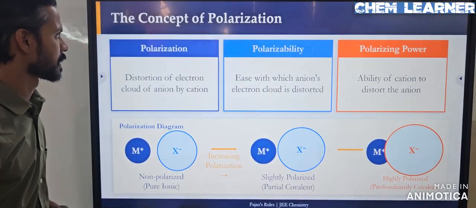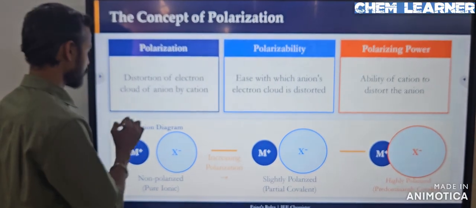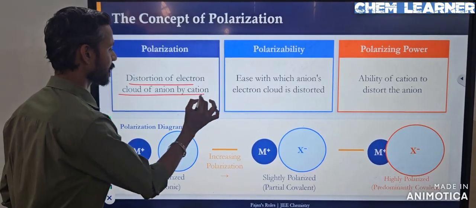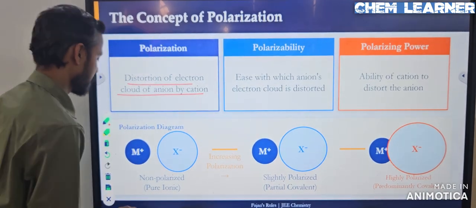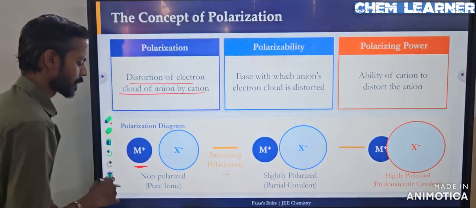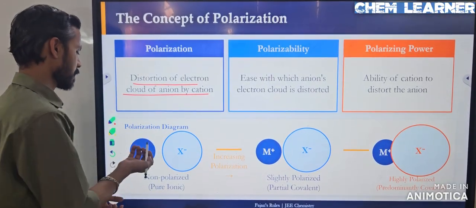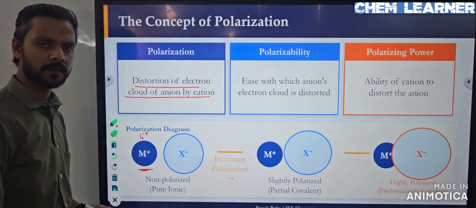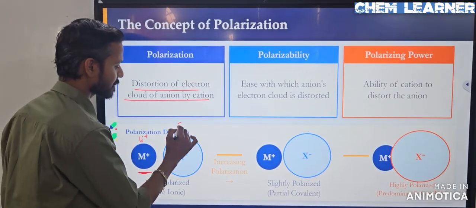Polarization is basically the distortion of the electron cloud of anions by cations. How it actually happens is, for example, if we take Li positive as the cation, and the anion is I minus.